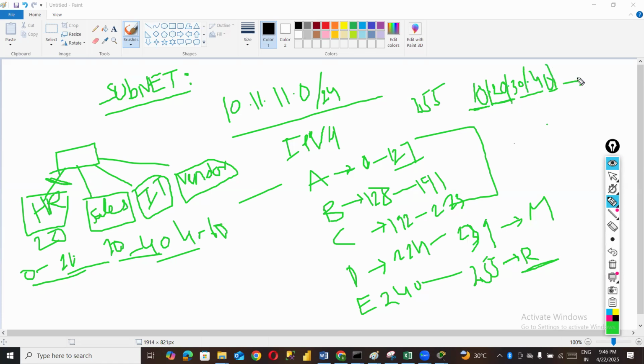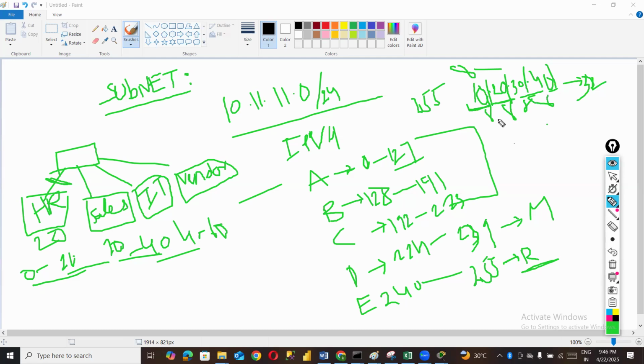So what is the total IPv4 size? It's a 32-bit value. How are we saying 32-bit value? Each octet, like we said, has 8 bits, so here is 8, here is 8, 8 and 8.